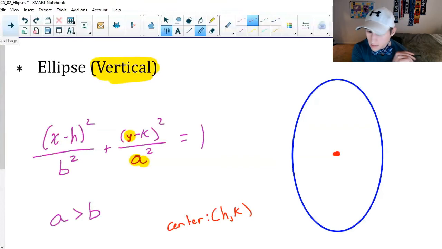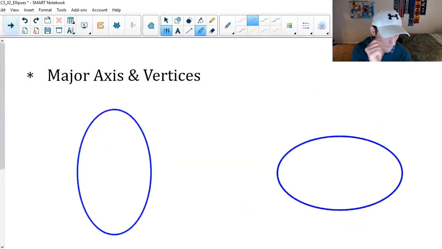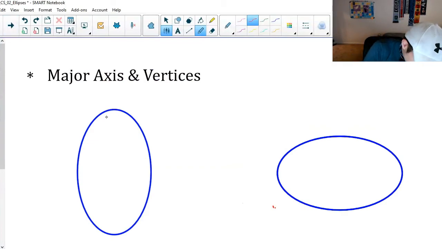All right, so let's talk about some of the properties. All right, major axis. So the major axis is the longer of the axes. So let's see. Vertices are here and here, so they're the ends of the longer side.